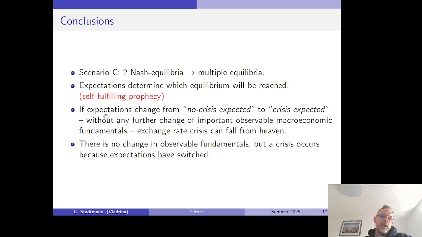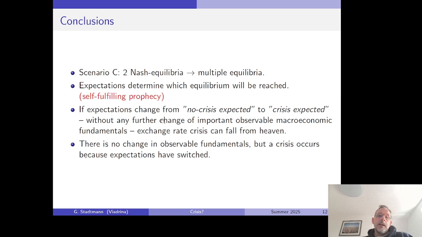In case that the expectations change from no crisis is expected to crisis is expected, the exchange rate crisis can fall from heaven. So it might be the case that no important macroeconomic variables are released. There was no announcement with respect to the inflation rate, no announcement with respect to unemployment rates or GDP growth rates.